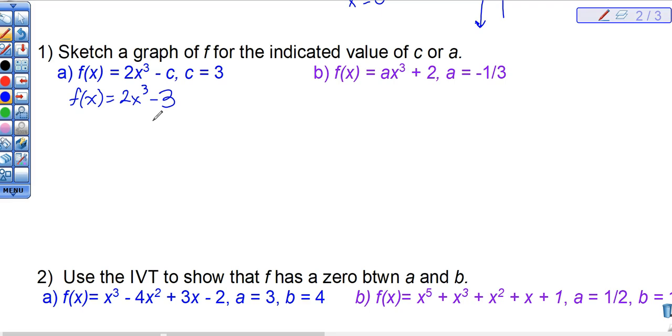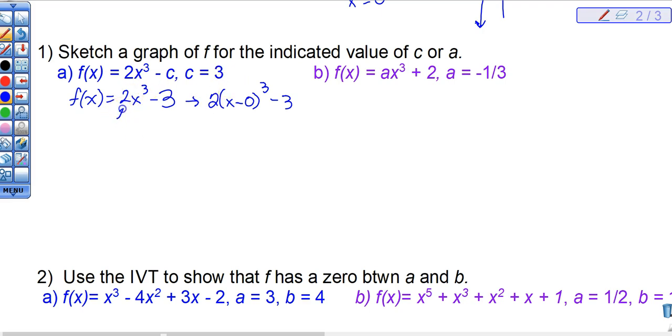If I were to write this in its transformational form, so I could see the horizontal and vertical shifts, it would look like this: 2 times (x minus 0) cubed, minus 3. Those equal the same thing, right? So when you look at it in this form, you can see there's no horizontal action. It's all vertical.